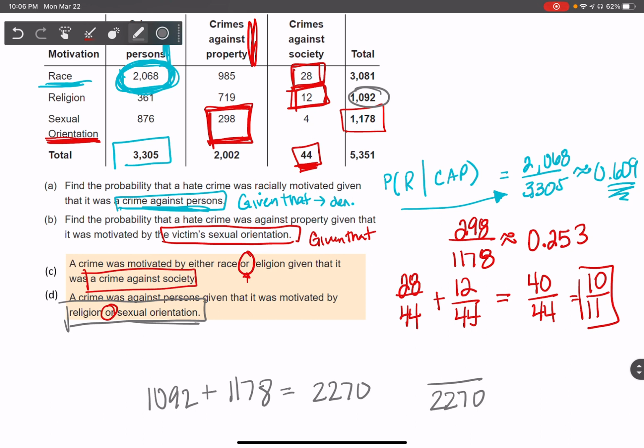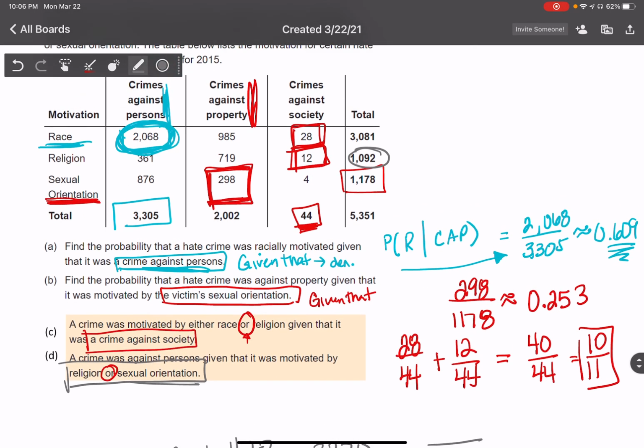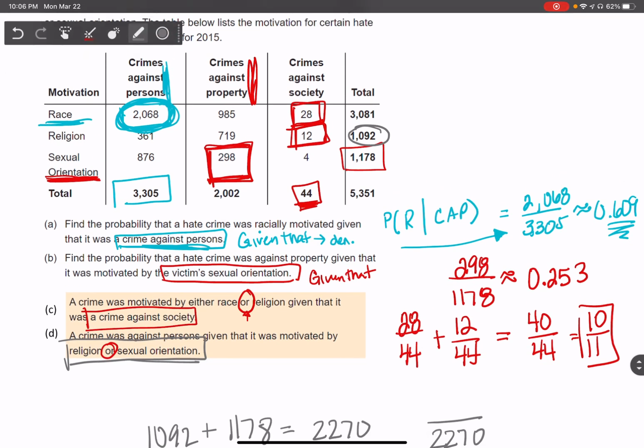Okay, so we're going to go back up to our crime against persons, but we're going to look at it for each one. So crime against persons for religion was 361. I'm going to do it like this. 361, crime against persons. And then we have crimes against sexual orientation. 876.